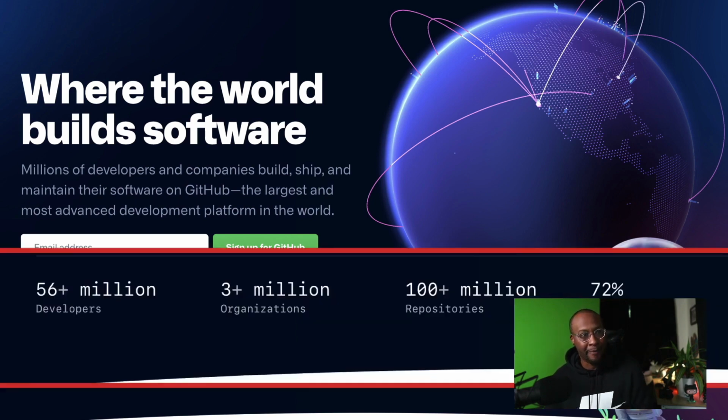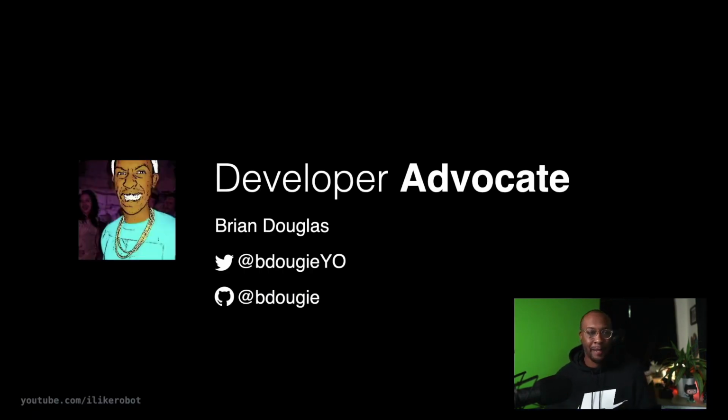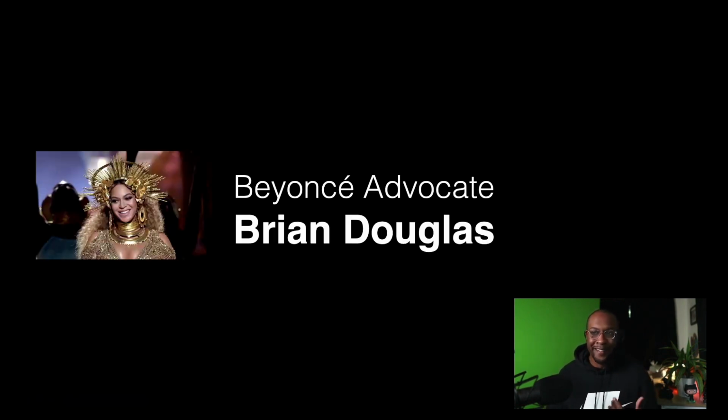But I also want to point out that that number is outdated. It's actually 65 million developers worldwide, and I bring that number up because I just mentioned that I'm a developer advocate at GitHub, and properly introducing myself. My name is Brian Douglas. This is what I look like on the internet. These are my handles as well. But the 65 million developers helps me with this term, which is I'm a Beyonce advocate.